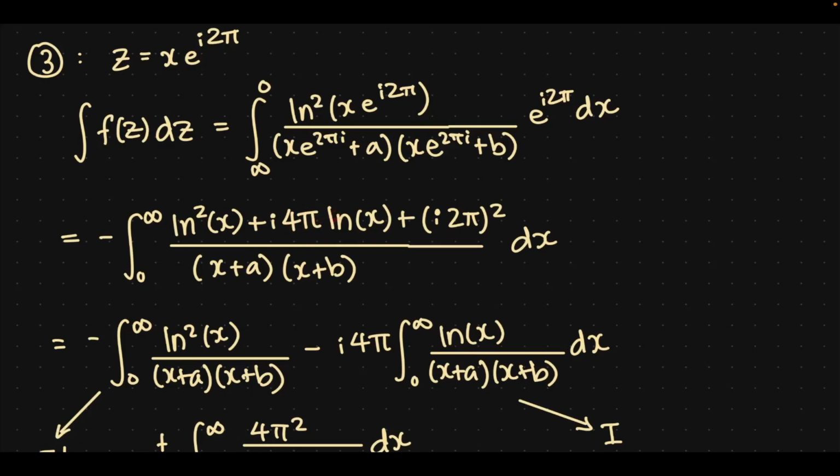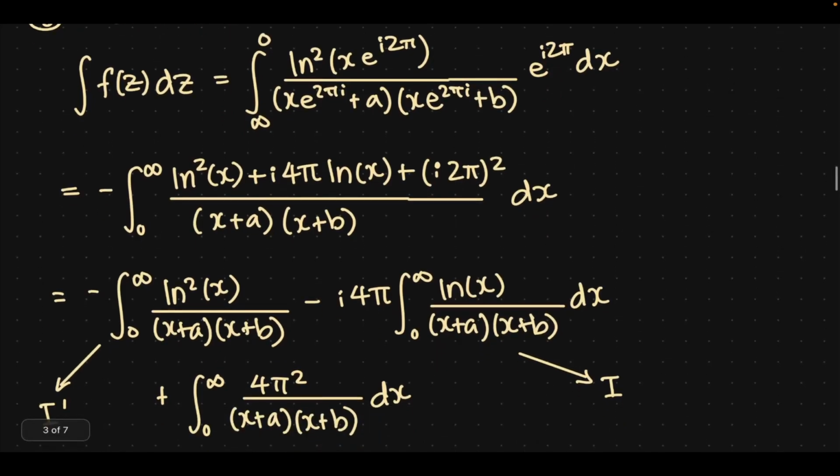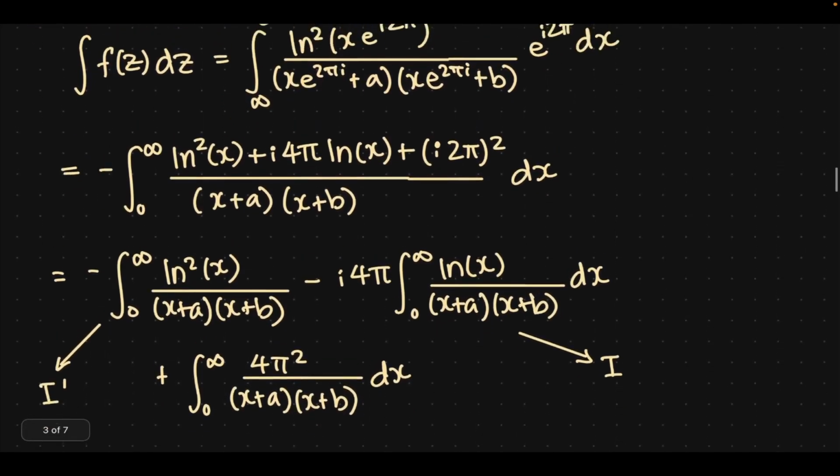So that's (ln x plus I 2 pi) whole squared divided by x plus a, x plus b, where now it's just x because x times e to the I 2 pi is x, and x is not a multi-valued function, so this phase doesn't really make sense on x. So x plus b, fair enough. We have dx, and because we had the e to the I 2 pi dx, e to the I 2 pi is just one. So we're now going to have ln squared x divided by x plus a, x plus b.